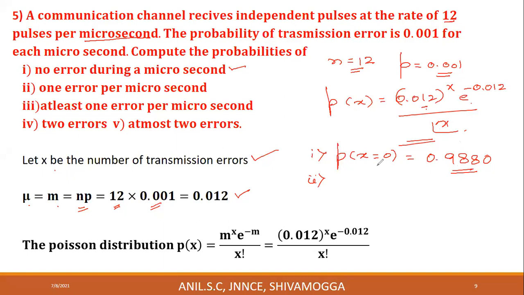Next, second case. One error per microsecond. One error means x is equal to 1, and x is the number of errors in a microsecond.